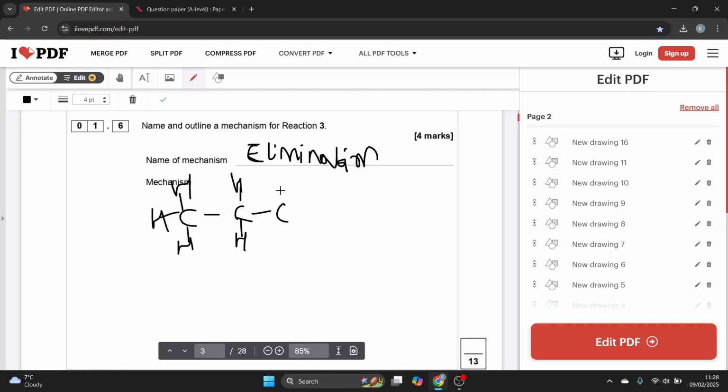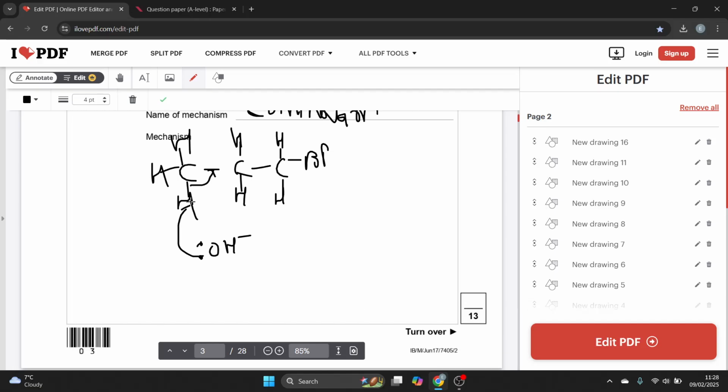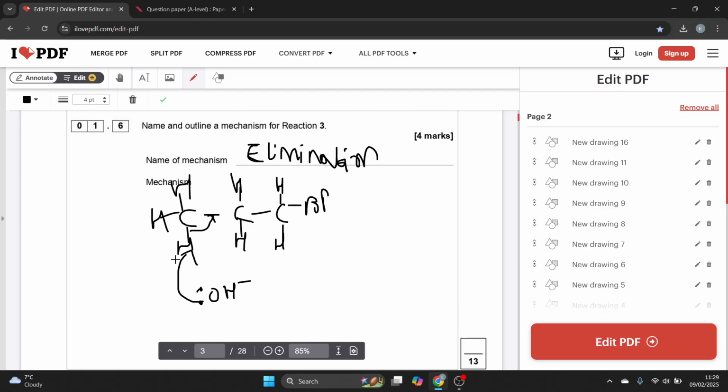And remember, with elimination, the lone pair of electrons on the OH minus ion acts as a base and takes a proton, the left carbon has a spare electron and wants to form a double bond. No, it won't work in this case, so I need to do it another way. The lone pair of electrons on OH minus takes a proton from here. The left carbon has a spare electron, wants to form a double bond, and the C-Br bond must break.